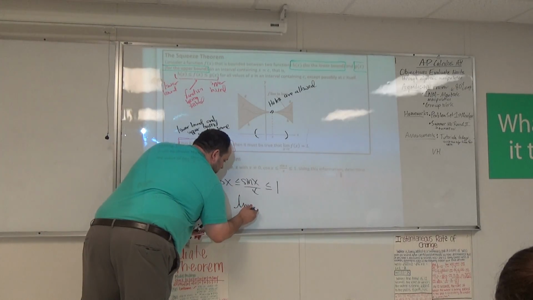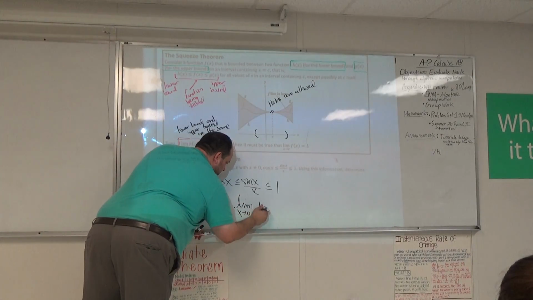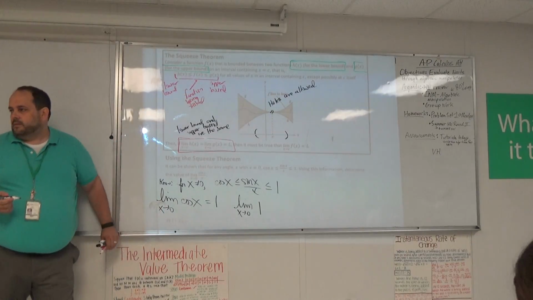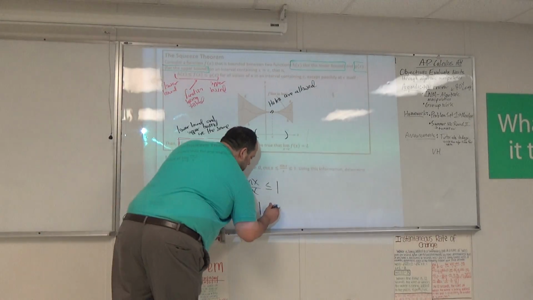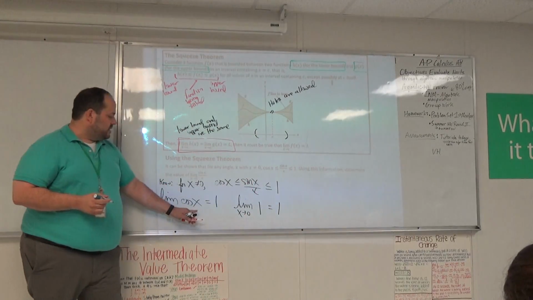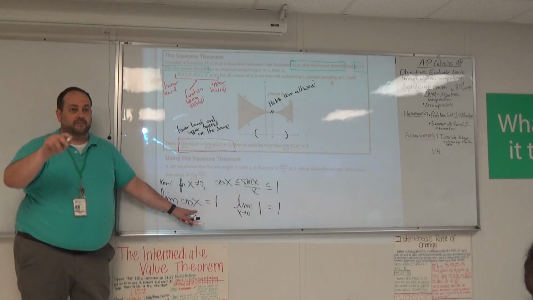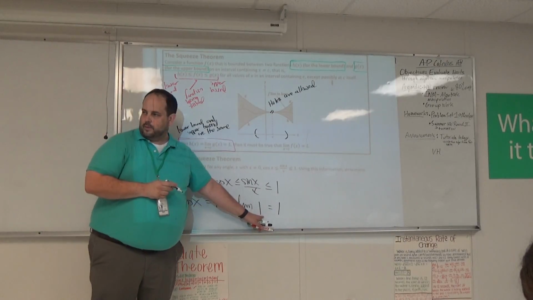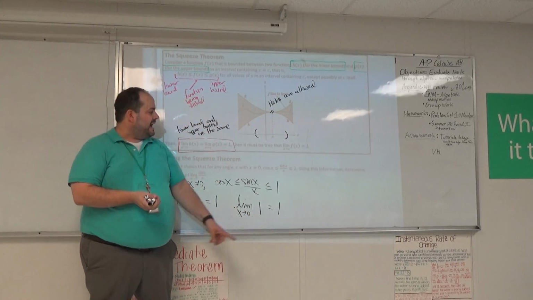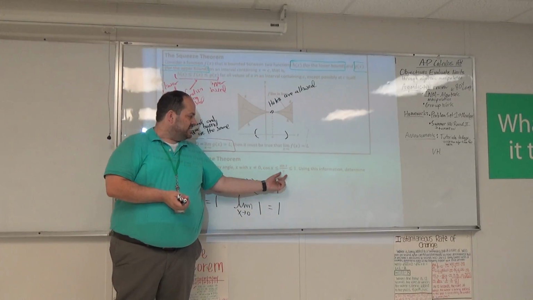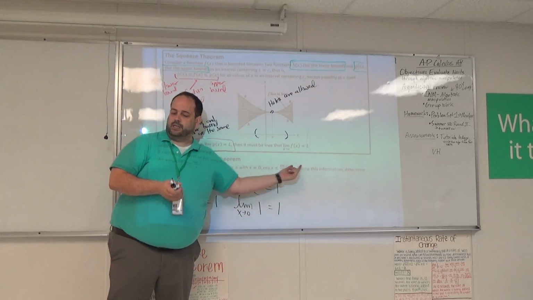What's the limit as x approaches 0 of 1? Easier than you think. 1. You know what the cosine graph looks like, and 1 is a horizontal line. If you were to graph sine of x over x, you're going to see that it is trapped between these two.